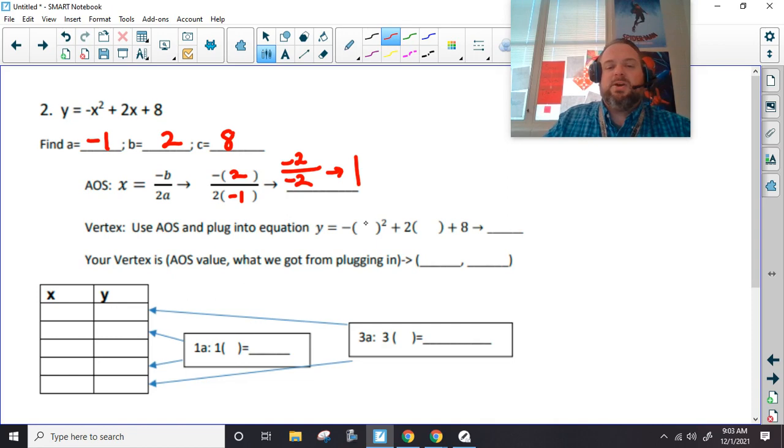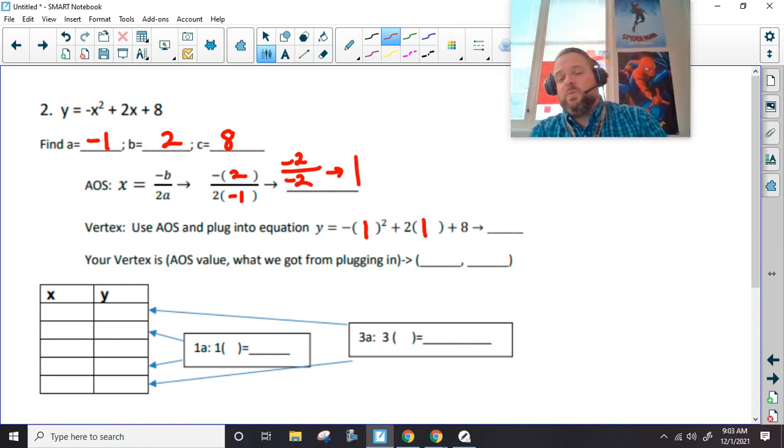All right. So if I plug it in here, just as it's written, because this time the negative's on the outside of the parentheses, so we have to square 1 and then apply the negative. All right. What should we get? 9. After we do this in the calculator, we should get 9.